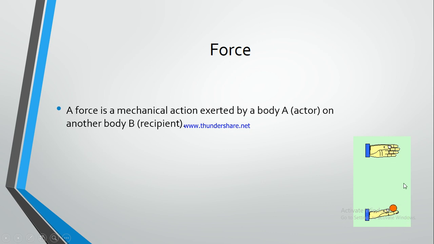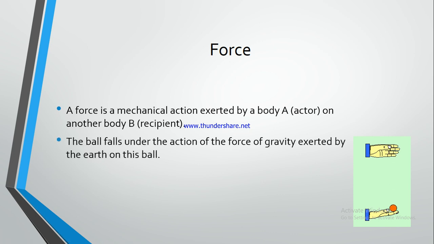So the earth exerts a force on the ball for the ball to fall downward. The object that exerts a force is called the actor, and the object that receives this force is called the receiver. So the earth is the actor and the ball is the receiver.